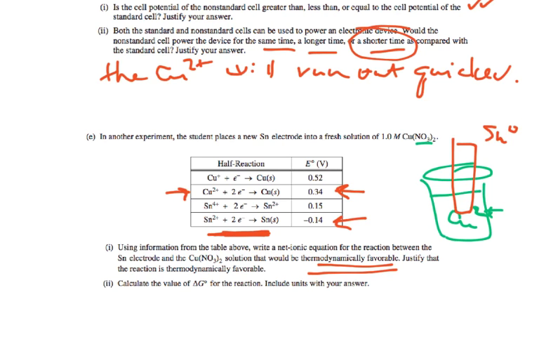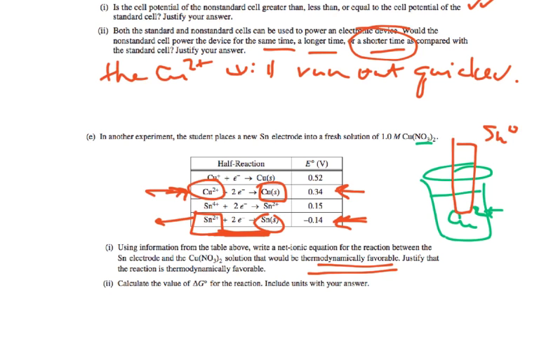If this reaction is going to go forward, that means the reaction down here is going to have to go in reverse. So copper ions and tin metal are going to react and turn into tin ions and copper metal.